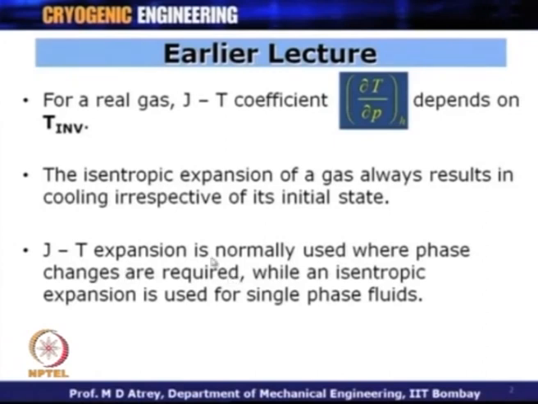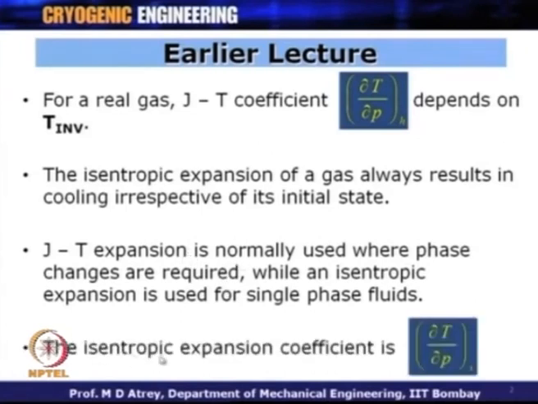This is a very important thing. During JT expansion, normally there is a phase change, while isentropic expansion is used for single phase fluid. So, the inlet is gas, the outlet also should be gas, while it is not true with JT expansion. In JT expansion, the inlet could be gas or a two phase mixture, and the outlet will be liquid or a two phase mixture.